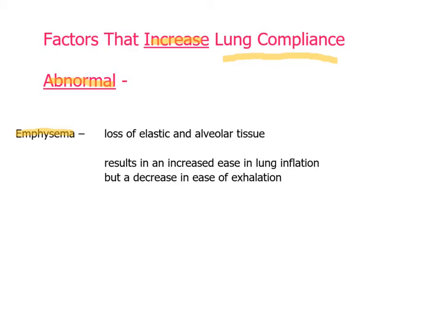It's being destroyed. You're losing quite a bit of the alveolar tissue, and along with that, you'll have loss of the elastic fibers around the alveoli that were lost. And so with that loss, you have a relatively much easier inflation of the lungs.